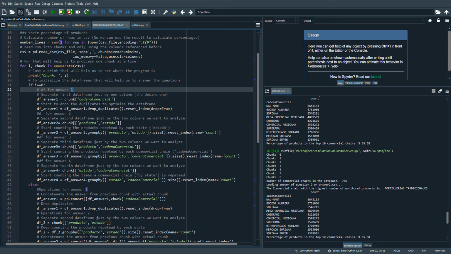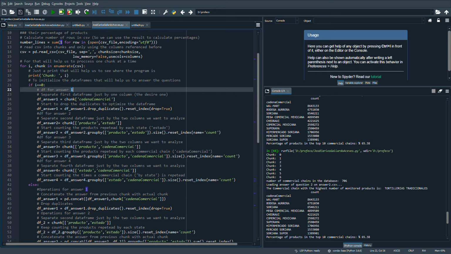To answer this question, first of all, I realized, as I told you before, I didn't need all the columns. I didn't even need the three columns I just talked about before. I just need one column, cadena comercial or commercial chain, and I needed to just find the unique values on that column.